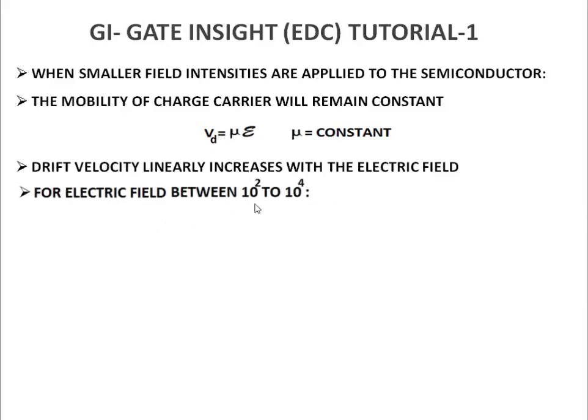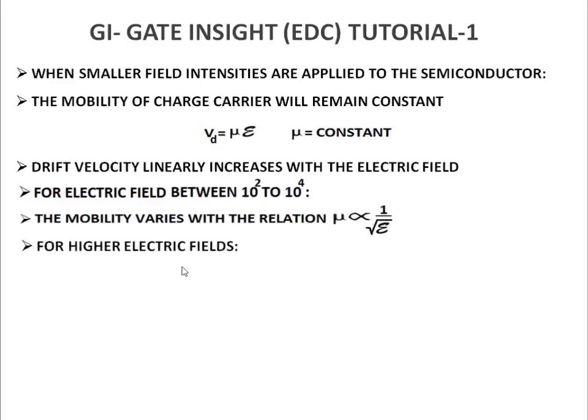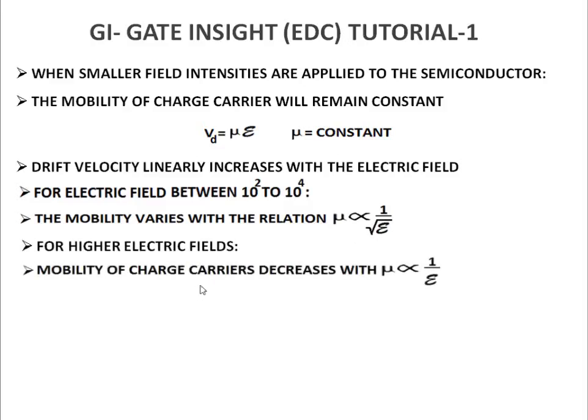So for electric field between 10 to the power 2 to 10 to the power 4, the mobility varies with the relation mu is proportional to 1 divided by square root of electric field, as we have seen in the graph. And for higher electric fields, the mobility of charge carriers decreases with mu is proportional to 1 divided by E. That is the inverse relationship.